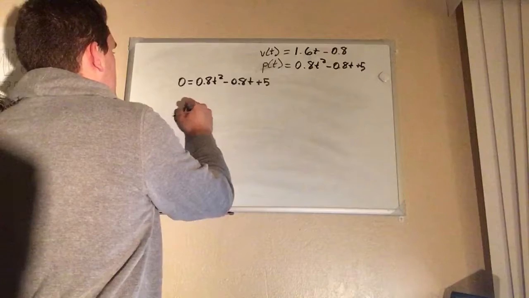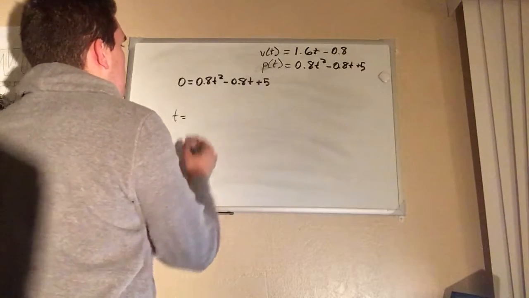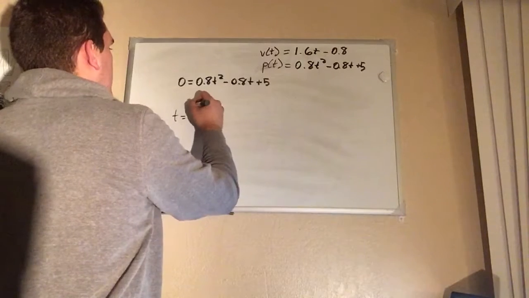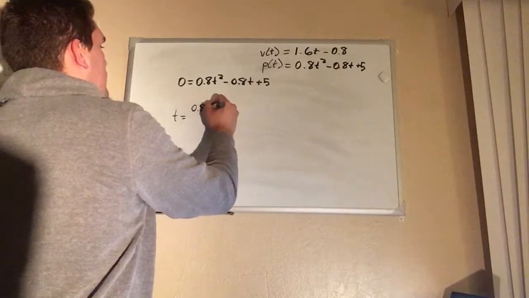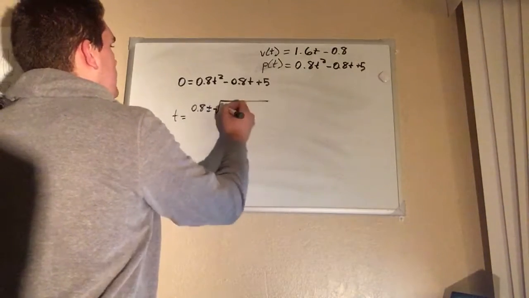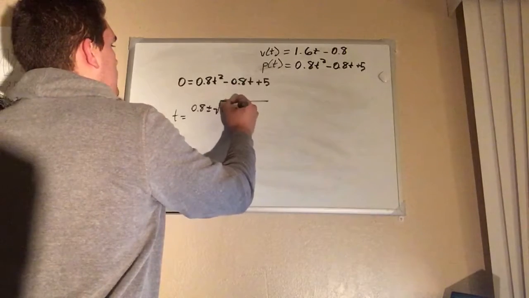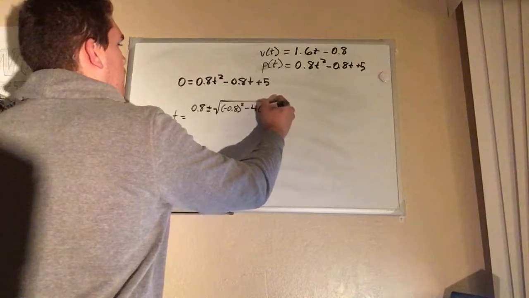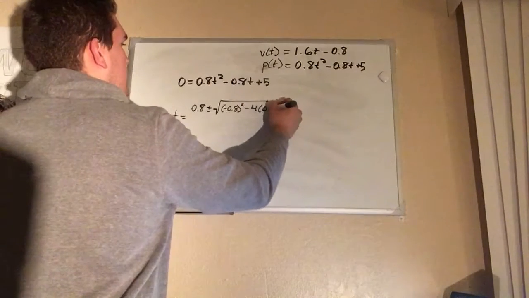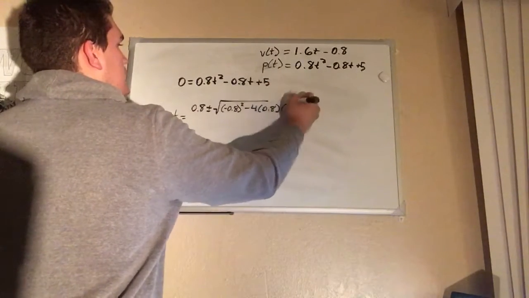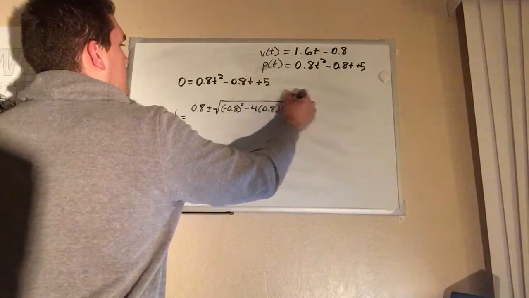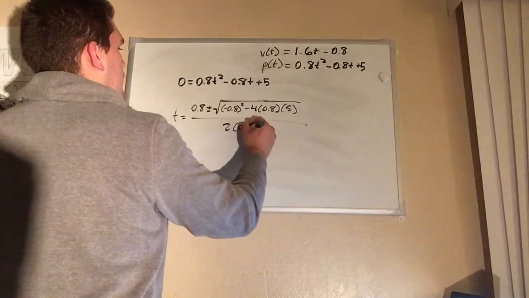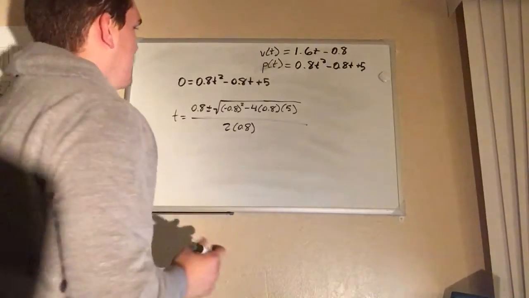So t is equal to negative b, so negative 0.8, negative that is 0.8, plus or minus the square root of b squared, negative 0.8 squared, minus 4 times a, 0.8, c, 5, all over 2a, 0.8.